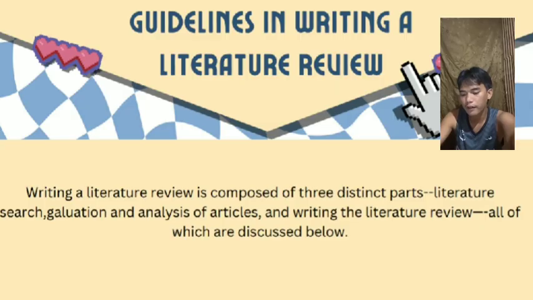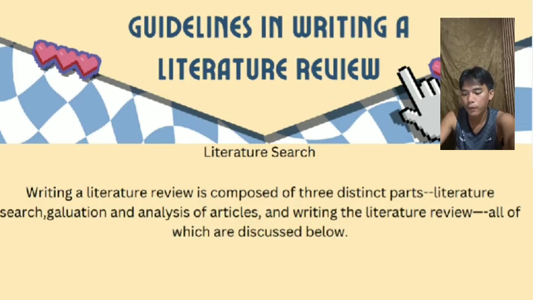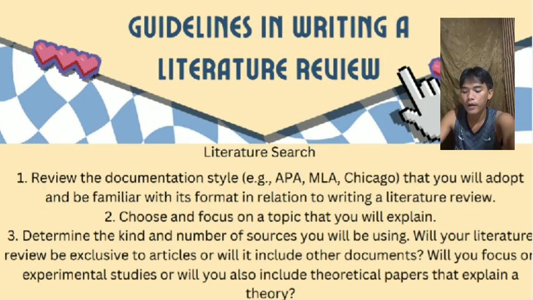Guidelines in writing a literature review. Writing a literature review is composed of 3 distinct parts: literature research, evaluation and analysis of articles, and writing the literature review, which are discussed below. 1. Review the documentation style, APA, MLA, or Chicago that you will use and be familiar with its format in relation to writing a literature review. 2.